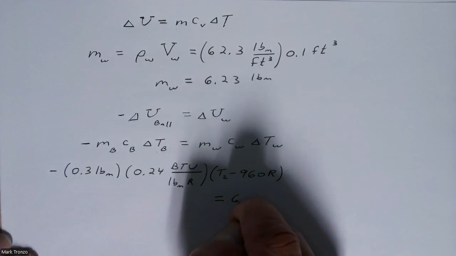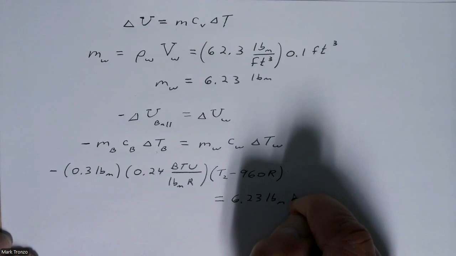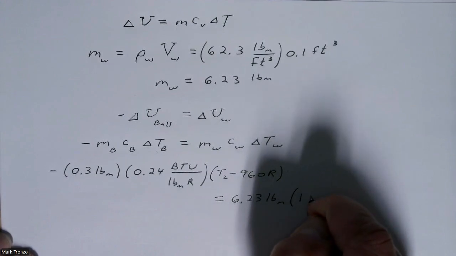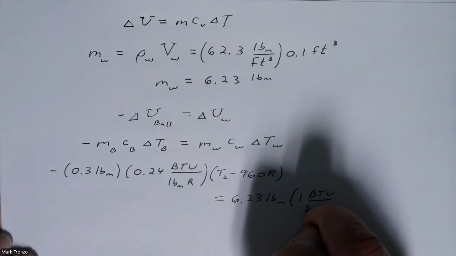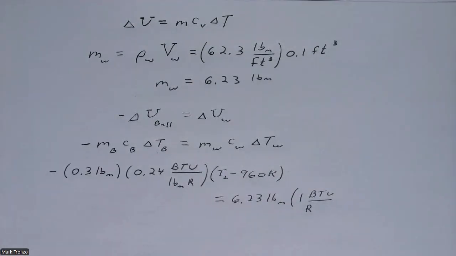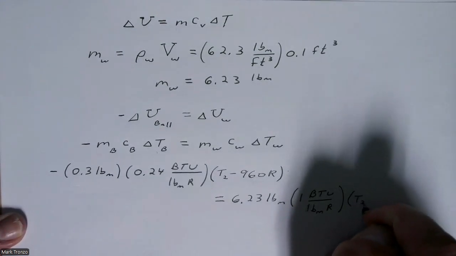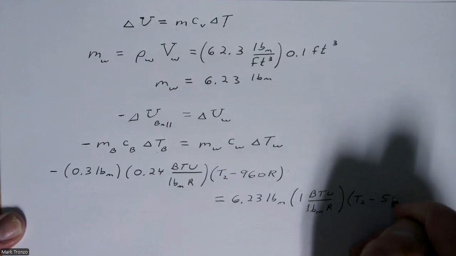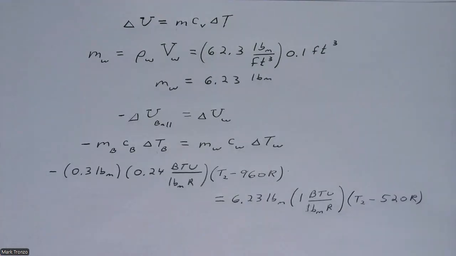This is going to be 6.23 pound mass times, we said C for the water was 1 BTU per pound mass R, times T2 minus, instead of 60 degrees F, I'm going to put it in Rankine, so it's going to be 520.